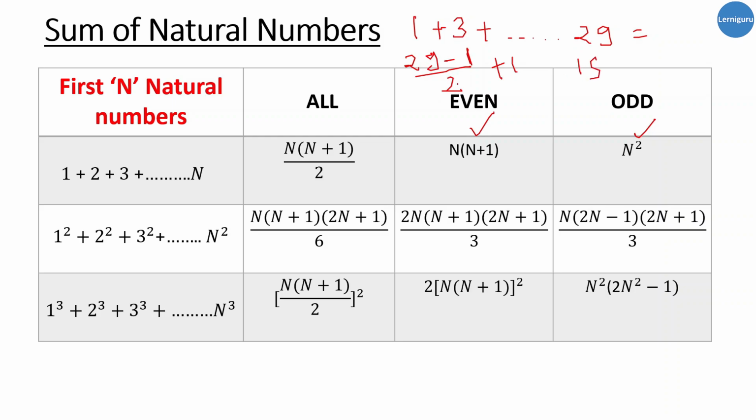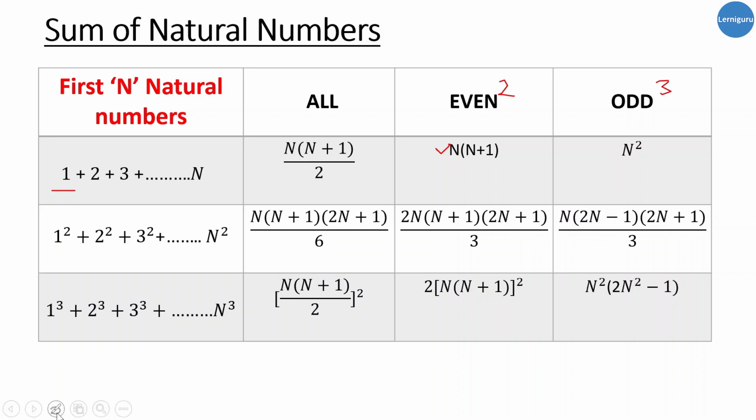That is 28 by 2 and plus 1, that is 15. So the answer will be 15 square, that is 225. This part got clear, how you'll use the value of n. So this n represents the number of terms in the given series, and these terms are starting from the first even number, that is 2, first odd number, that is 1. You have to be careful about using these formulas.